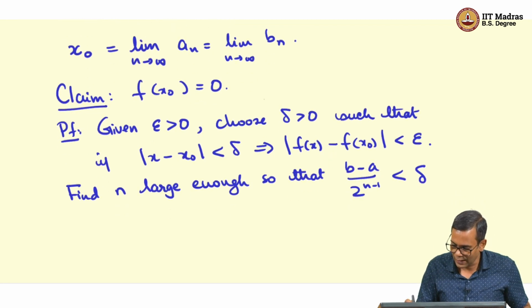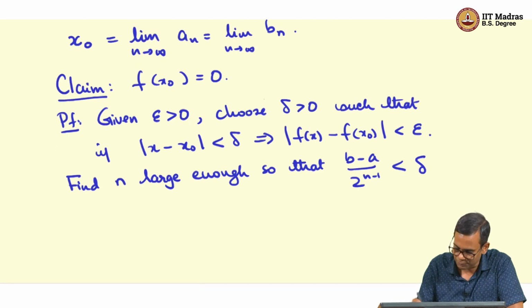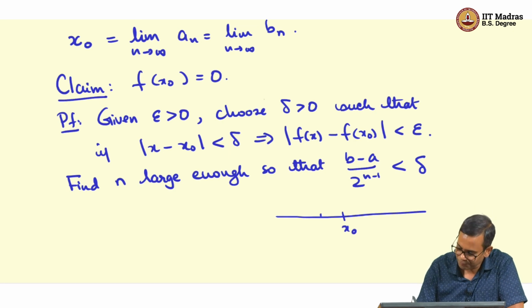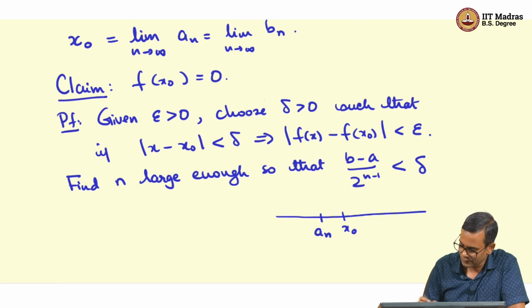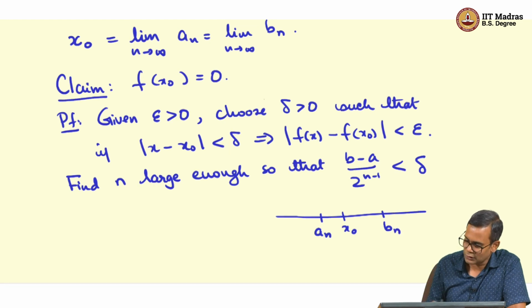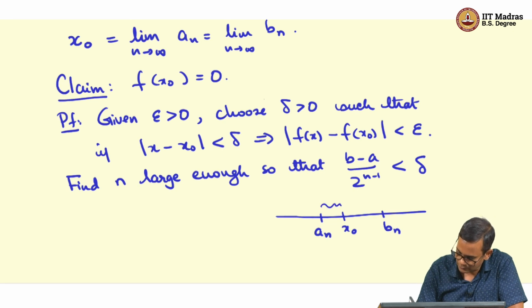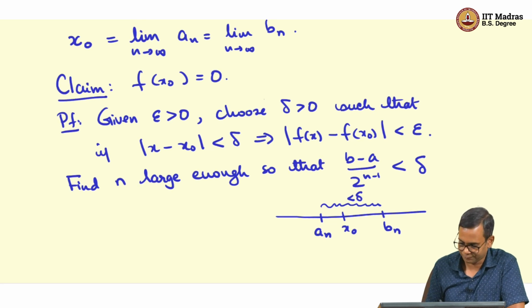Now, let us look at this relationship between x 0, a n and b n. So, x 0 is the limit of the increasing sequence a n, and so each term of the sequence is somewhere to the left of x 0. It is also the limit of the decreasing sequence b n. So, each term of this sequence is to the right. And now, this distance between a n and b n is less than delta. Okay. So, what can we say?